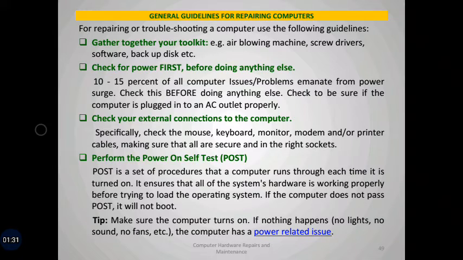The first thing you have to know about this maintenance and repair is that you have to gather together a toolkit. So you have the air blowing machine, this is to remove the dust, then screwdrivers to open the screws. You have the software maybe to repair. For example, you may need the operating system.